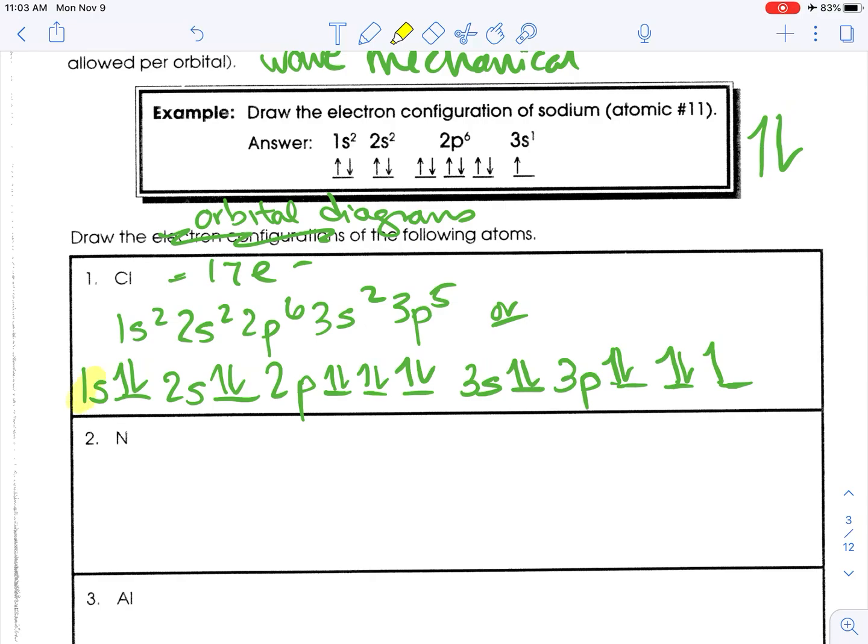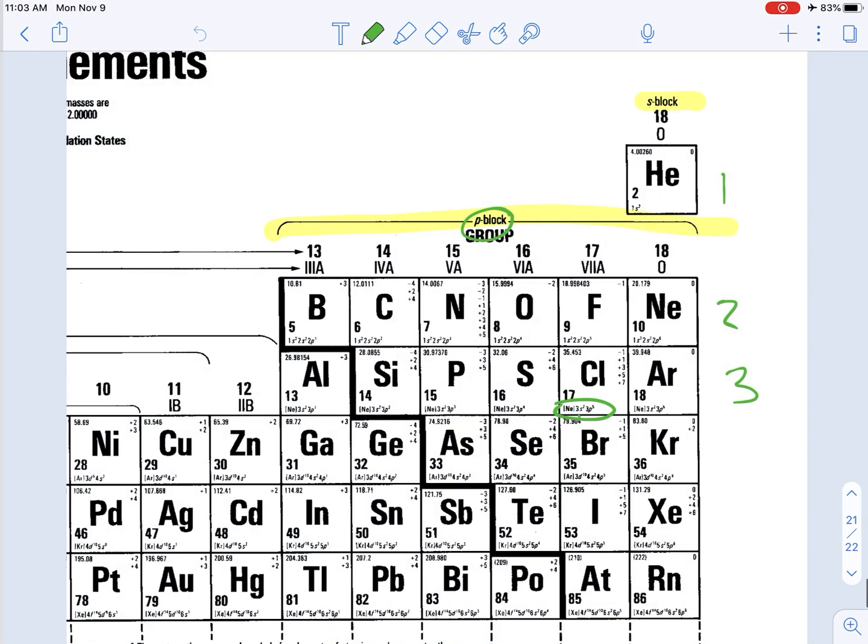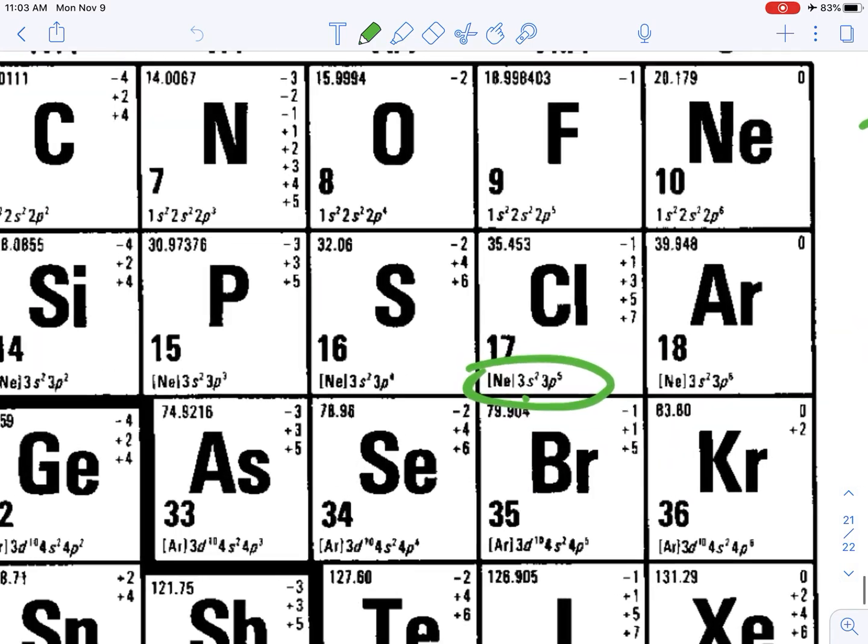Neon is 10 electrons. So this is all neon. So that's just substituting that. And then you add on 3s2, 3p5. So either one of these would be considered correct. Just to verify with you again, that was what it said.